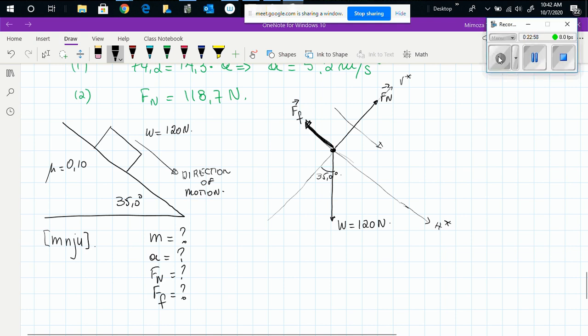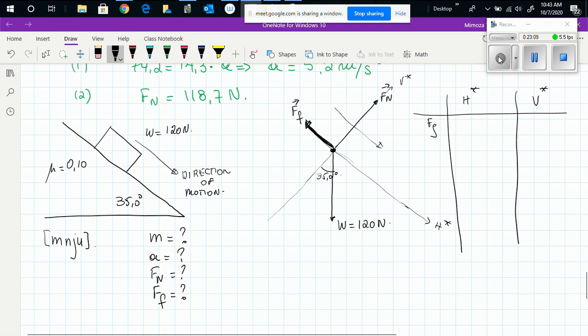So let's start by constructing the table. We'll have horizontal new, vertical new, then we will have force of gravity or weight, force normal, force of friction, and then force net.